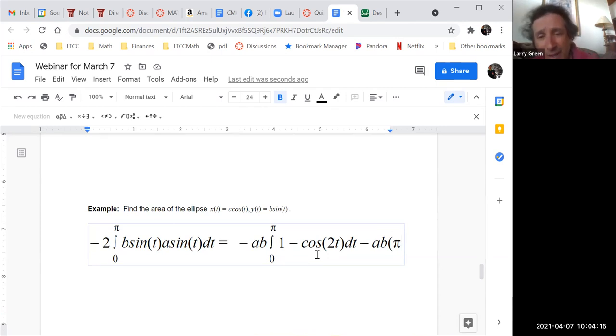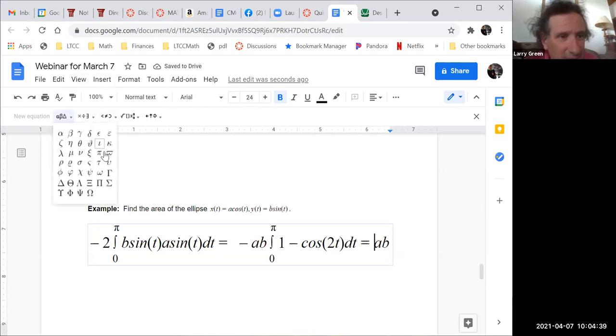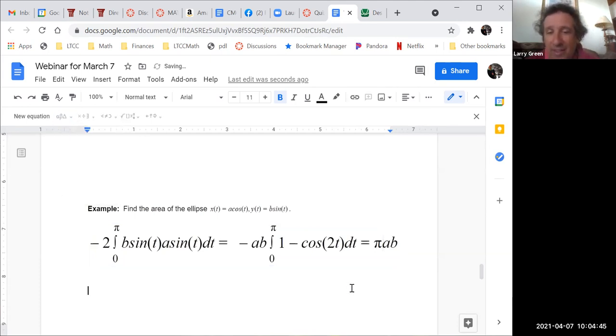But the important thing is that the sine of 0 and the sine of 2 pi are the same numbers. So when you subtract, it goes away and you just get 0. Forgot the equal sign. So you just get AB times pi, or pi AB. There's the pi. And that's the answer.